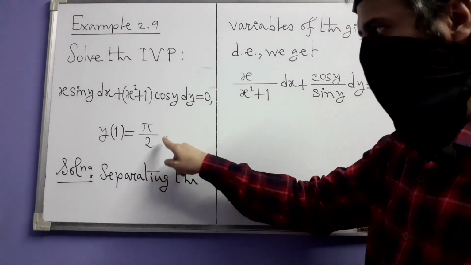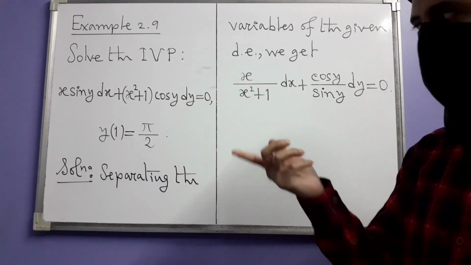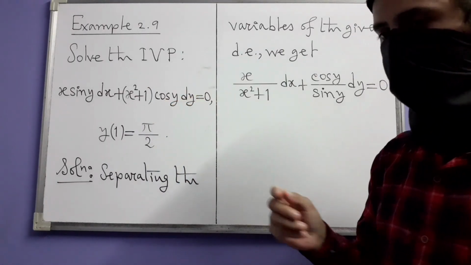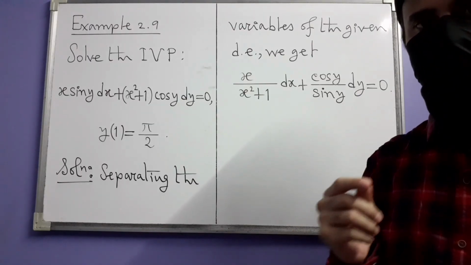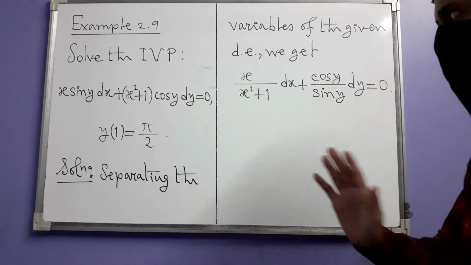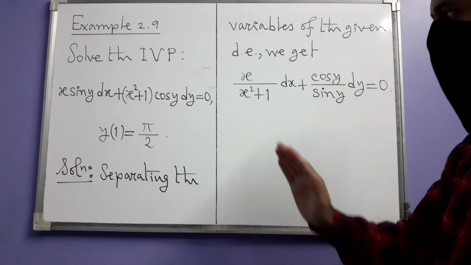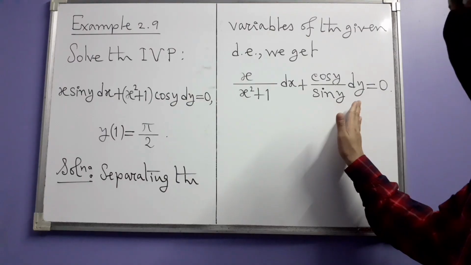Which also satisfies this. So who knows, maybe the unknown function that will satisfy this equation is actually such that sin y is equal to 0. But say we assume that sin y is not 0. With that assumption only we can do this transformation.